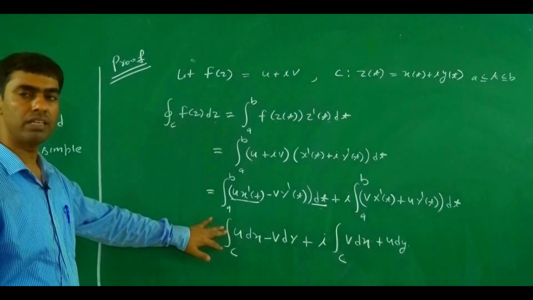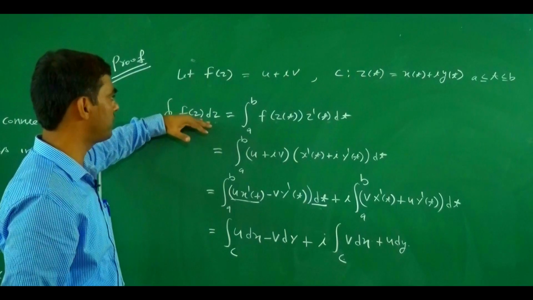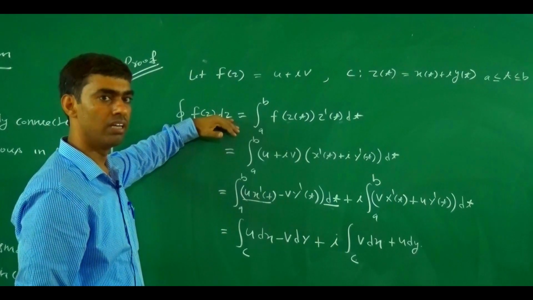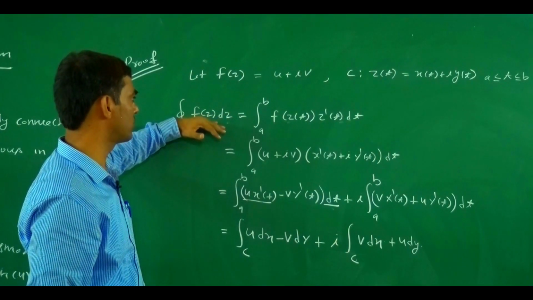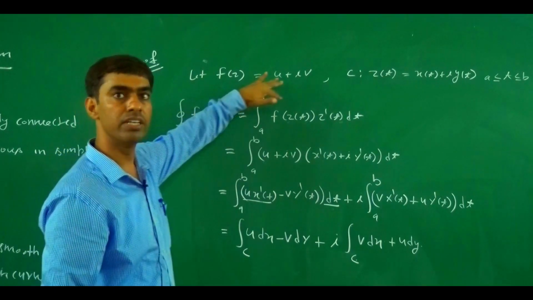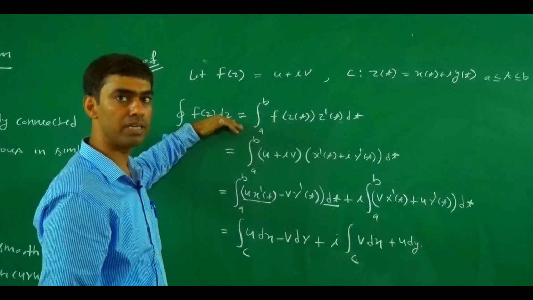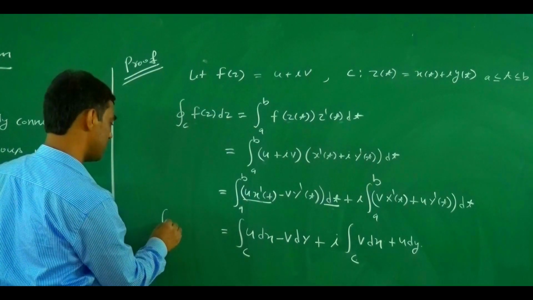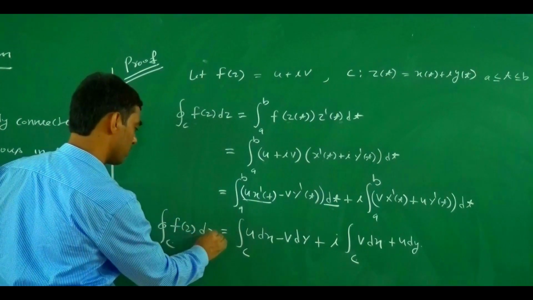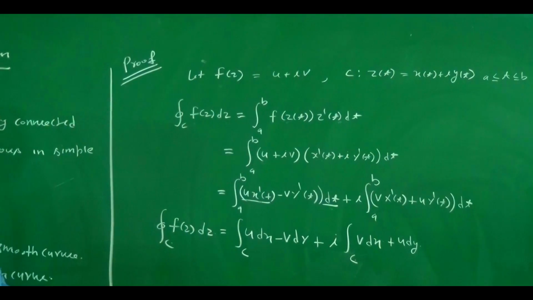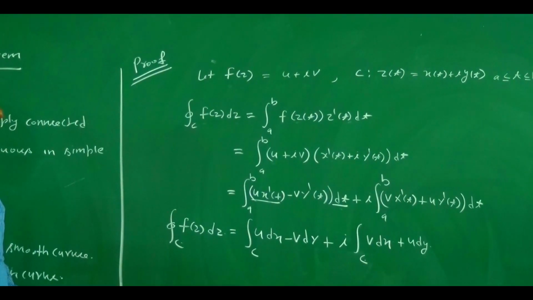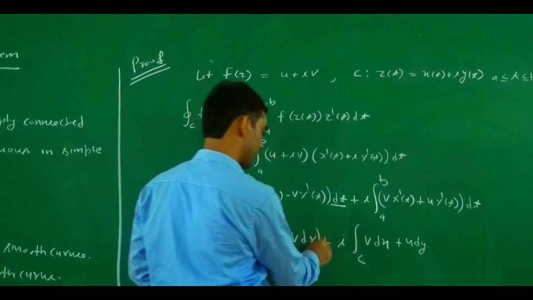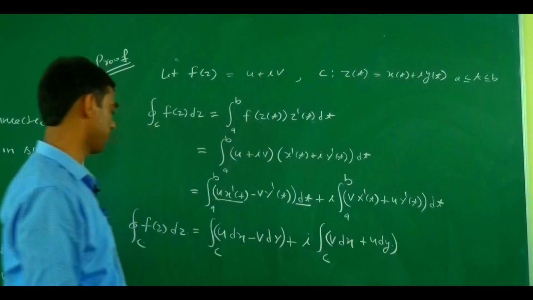You may also write this by putting f(z) equal u plus iv and dz equal dx plus i dy. Most authors use this concept: they directly put f(z) equal u plus iv and dz equal dx plus i dy, and are then able to find this expression directly. Means the integral over C of f(z) dz equals the integral over C of u dx minus v dy plus i times the integral over C of v dx plus u dy.